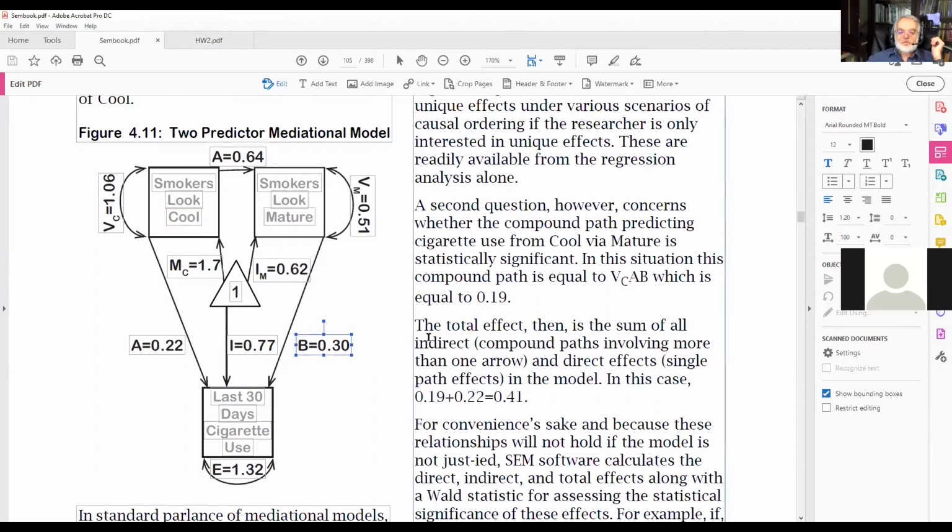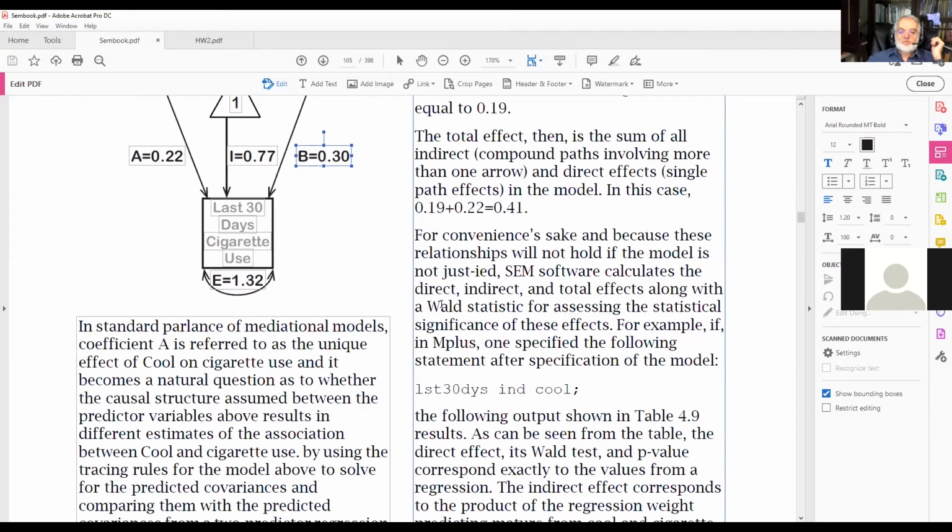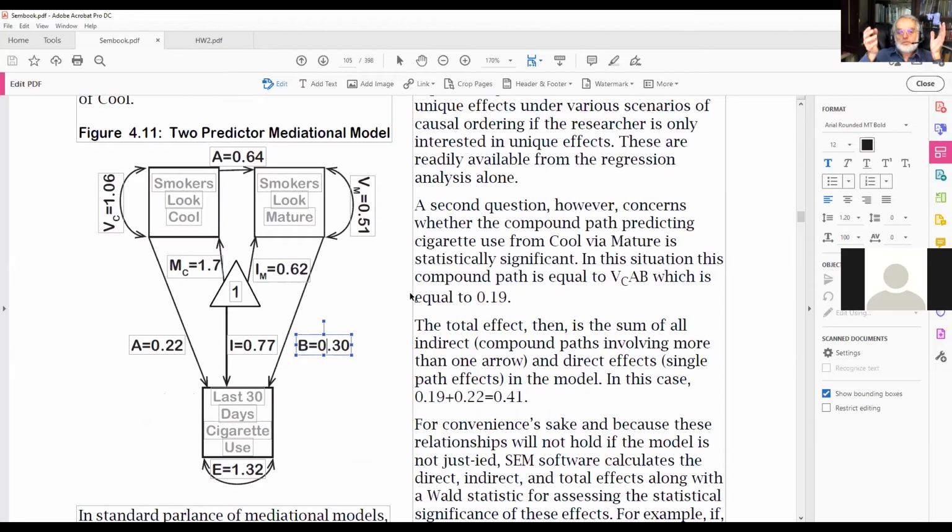And we talk about that effect quite a bit. Well, what about, all right, so having cast a little bit of doubt about the value of necessarily drawing the distinction in a mediational model, what is it that we are doing that's unique when we talk about an indirect effect?